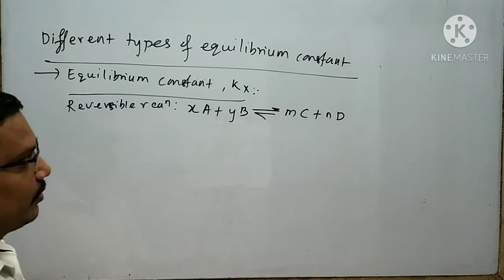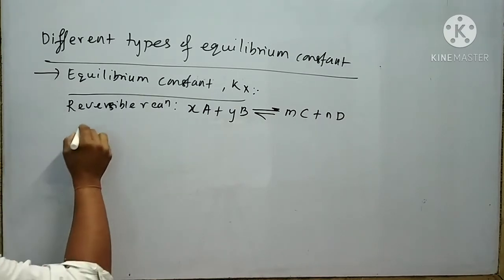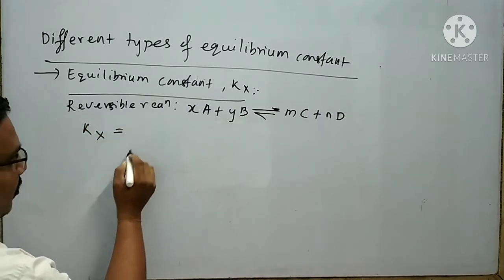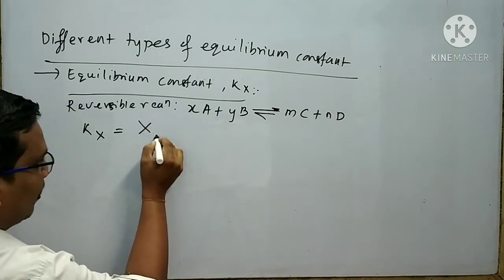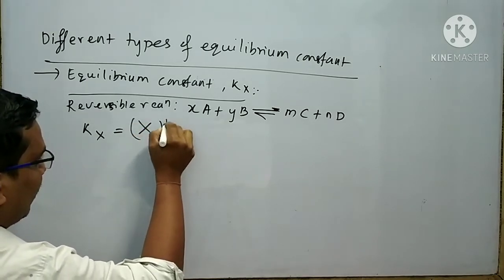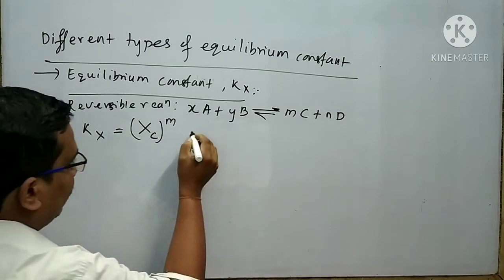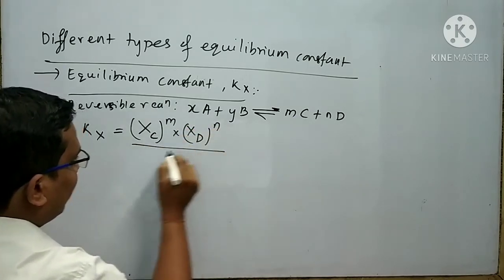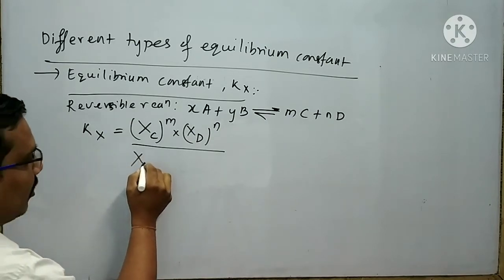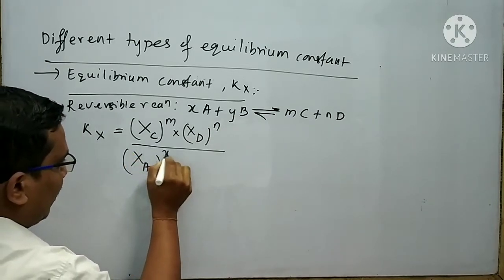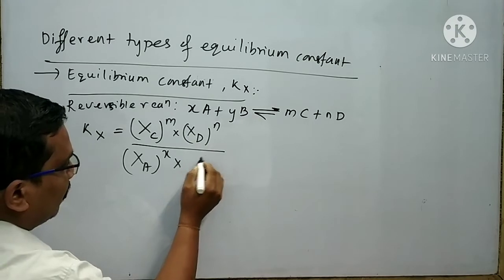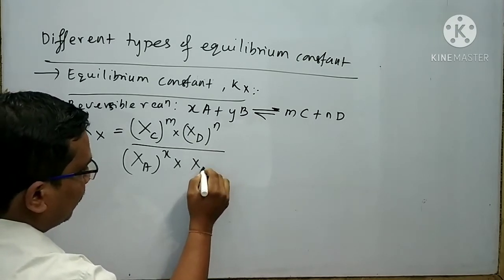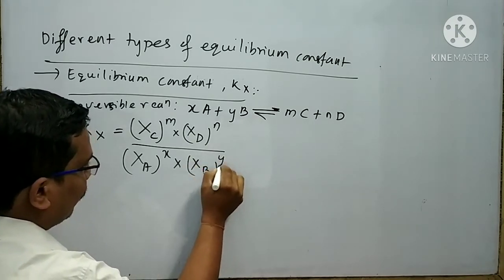For this reversible reaction, we can write Kx equal to mole fraction of C power m into mole fraction of D power n divided by mole fraction of A power x into mole fraction of B power y.